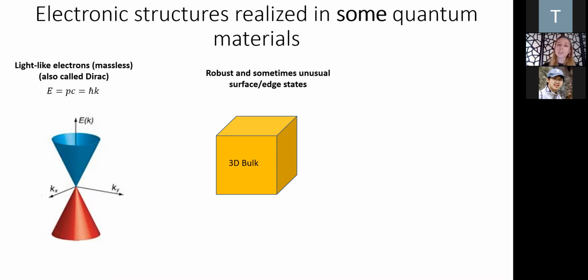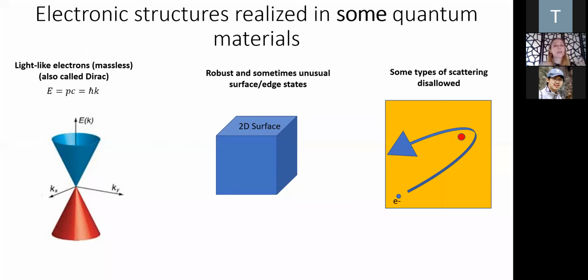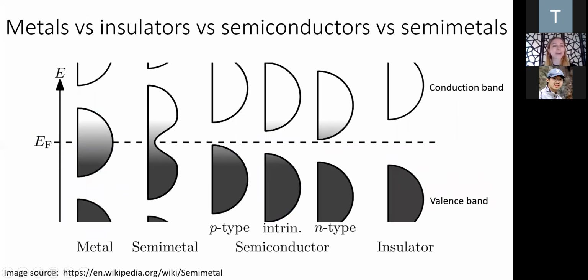If you raise the temperature or dump impurities on the surface, you won't destroy the surface state. And finally, some types of scattering can be disallowed. Specifically, in the materials that I'll be discussing in the coming slides, backscattering, where an electron going one way sees an impurity and bounces all the way back, is disallowed in some types of quantum materials. All right, that is a little bit more preliminary information.